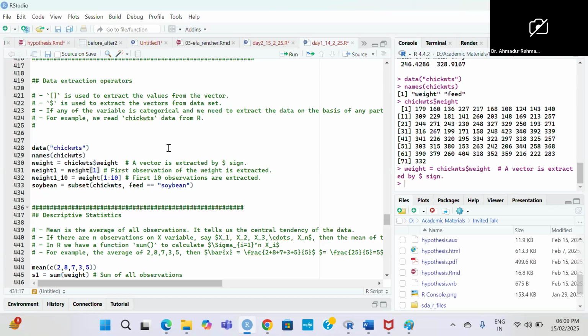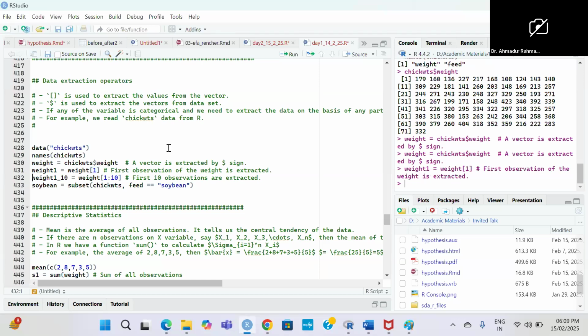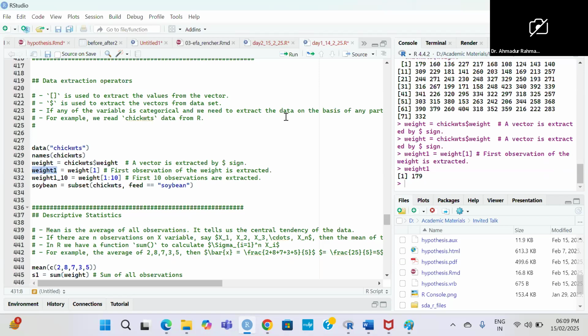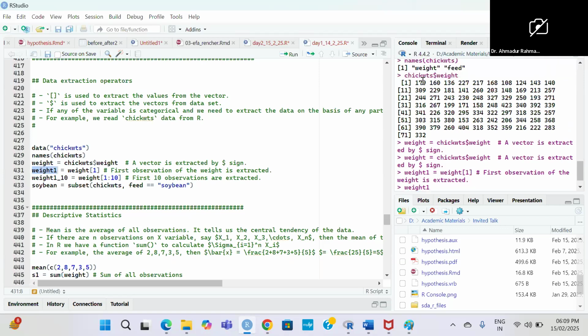Later, in this one we are using a square bracket to read the first element of this, and then we run this. Now we print weight 1. So weight 1 is equal to 179, right? And see here, this is the first observation of this weight, and this is also 179.